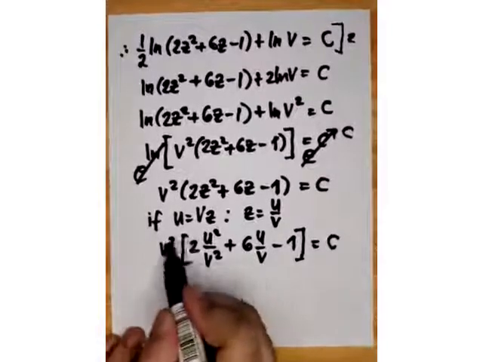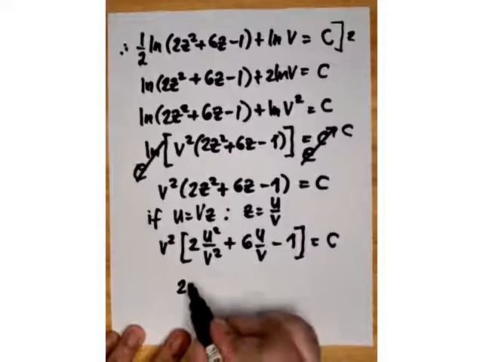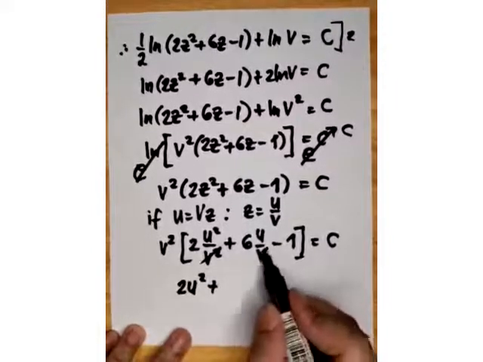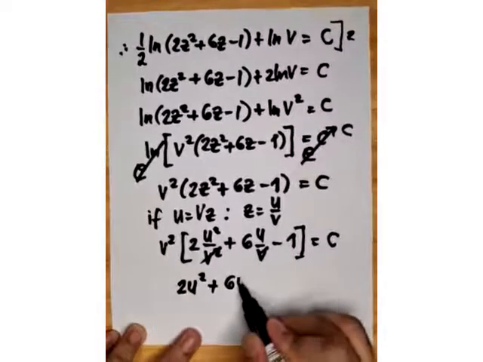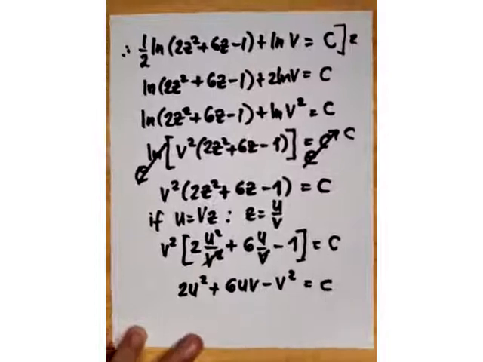So, distribute natin yung v. So, we'll have 2 u squared plus, cancel yung isa, plus 6 uv minus v squared is equal to c.